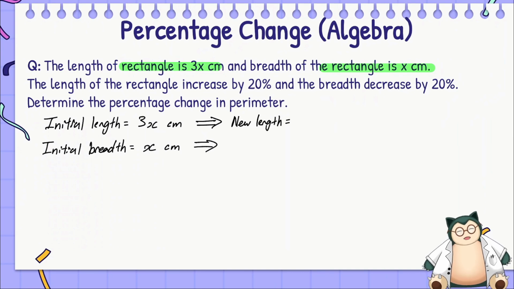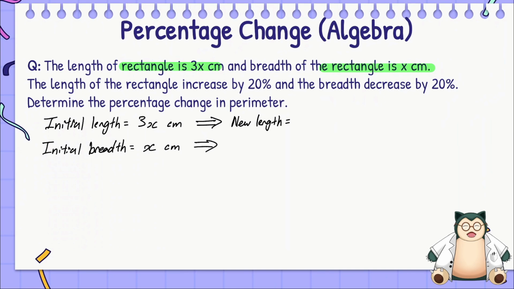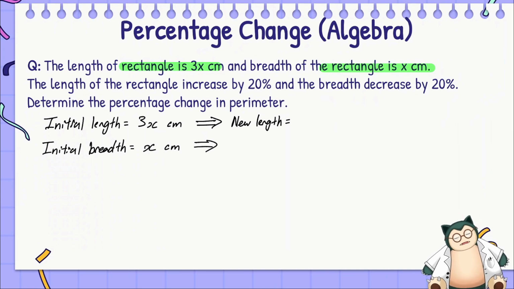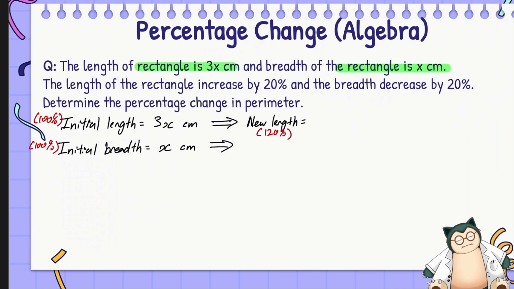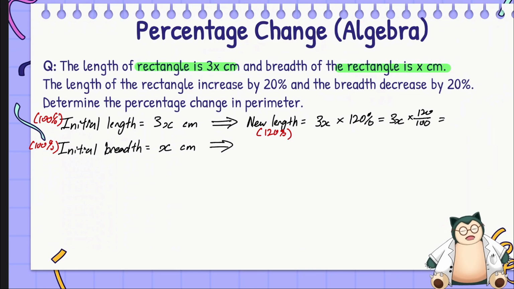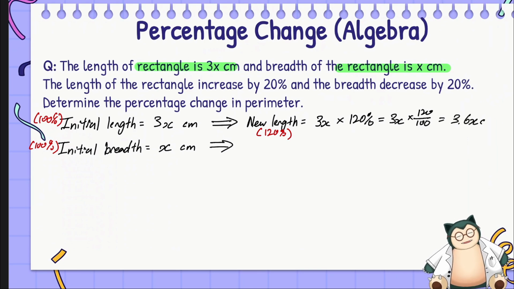Our new length increases by 20%. Our initial is always 100%, that's our base, so our new length would be 120%, because we increased by 20%. We calculate 3x multiplied by 120%, which gives us 3x multiplied by 120 over 100, and that will give us 3.6x centimeters.